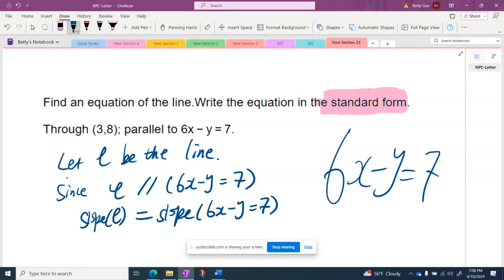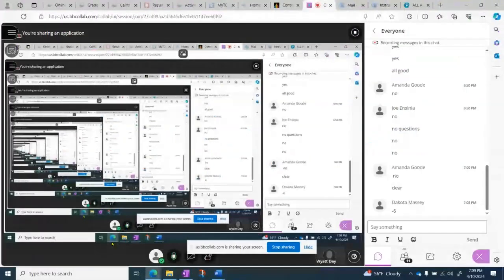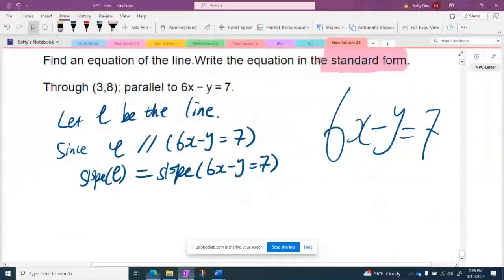Anybody want to share an answer? What's the slope of 6x minus y equals 7? One way you can get it done is to write the equation in the slope-intercept form. Be careful with the sign.